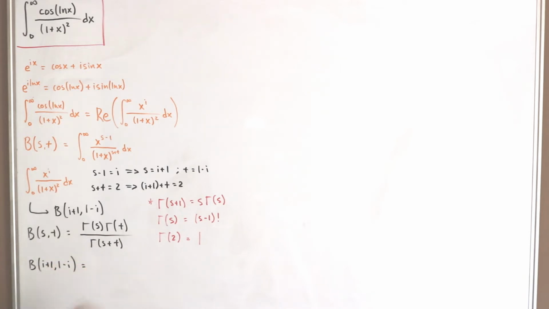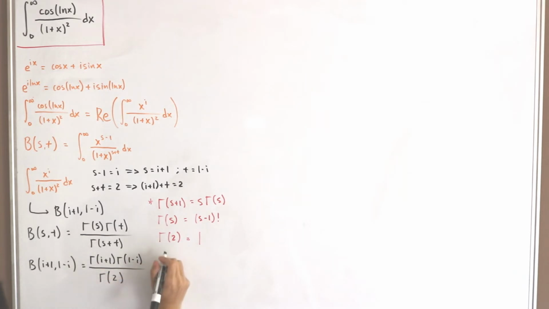Therefore, we set this equal to, in terms of gamma, gamma of i plus 1 multiplied by gamma of 1 minus i, and this is being divided by gamma of s plus t. And if we do the calculations, we see that the i's cancel and we just have 1 plus 1, so it's just gamma of 2.